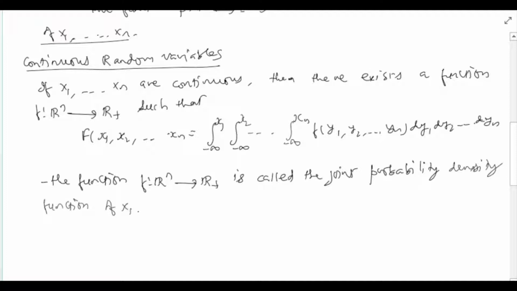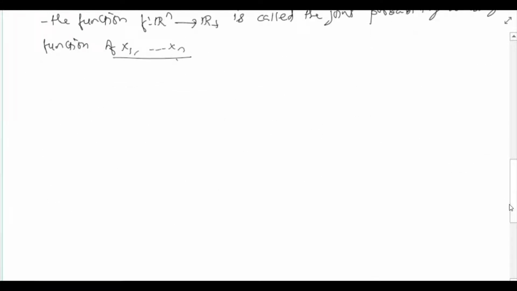Let us consider a simple example to illustrate a few of these concepts. Consider the following experiment. A coin is tossed twice, and let us define random variables.